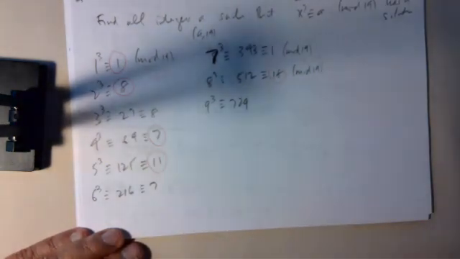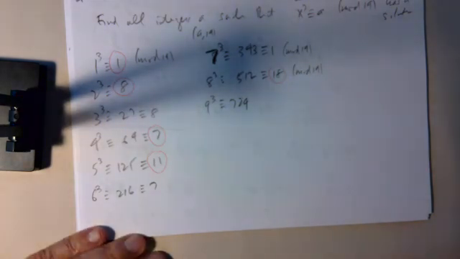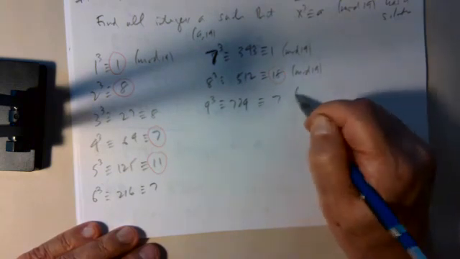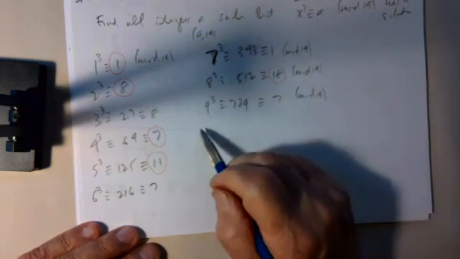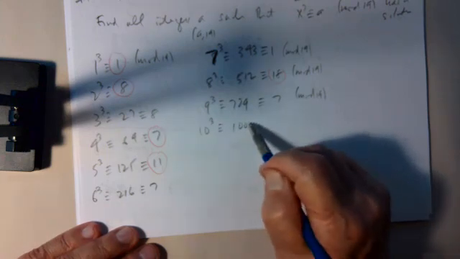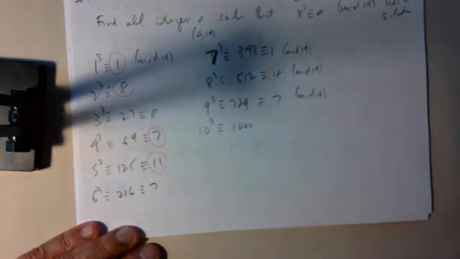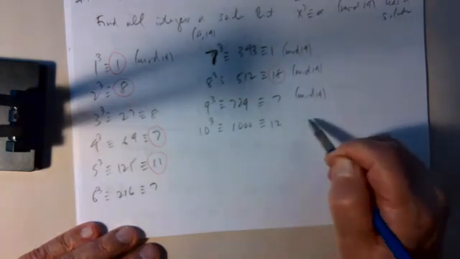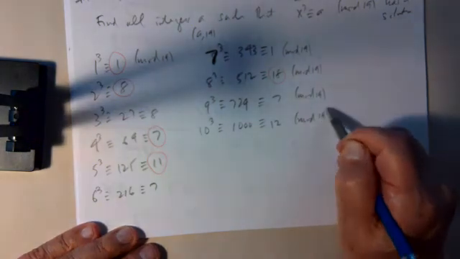If you divide 19 into 729, I think you also get 7. Yes. 10 cubed is 1,000. 19 into 1,000, I think you get 12. Yes. At least we found another.